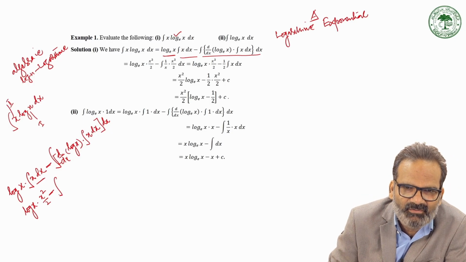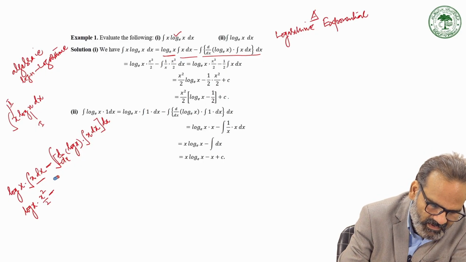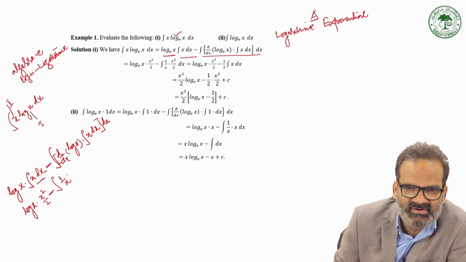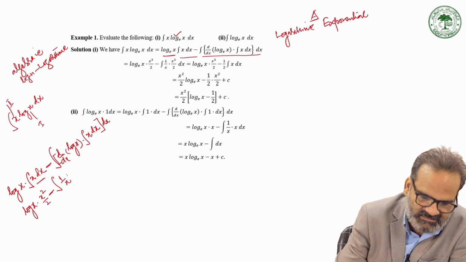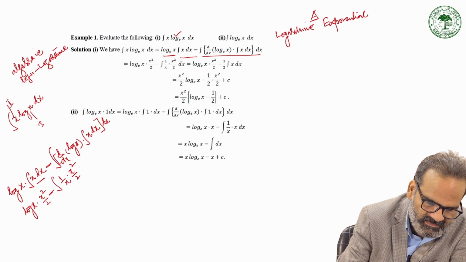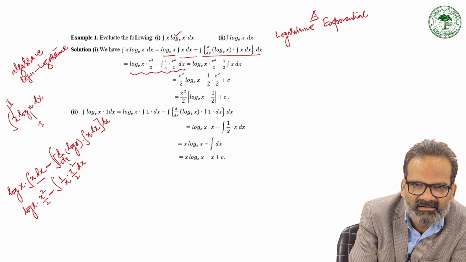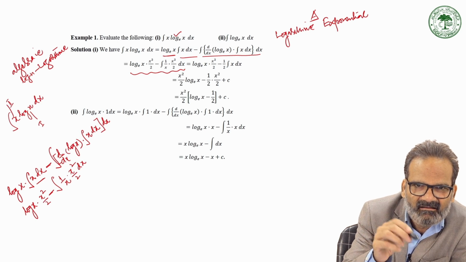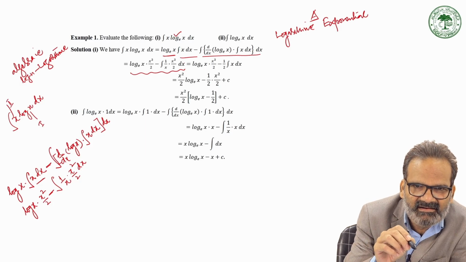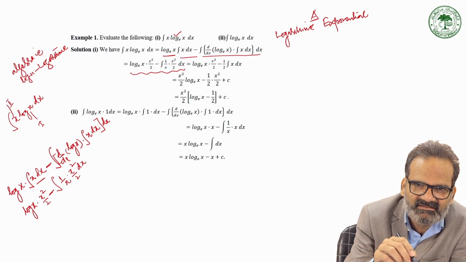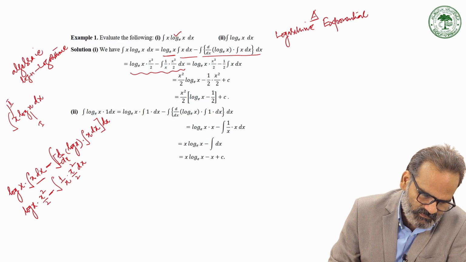Derivative of log x we know is 1 upon x, into integral of x, which is again x square by 2, dx. We are getting this line, clear? Log x remains as it is, integral of x is x square by 2, minus under the integral sign derivative of log x is 1 upon x, and again integral of x is x square by 2, into dx.